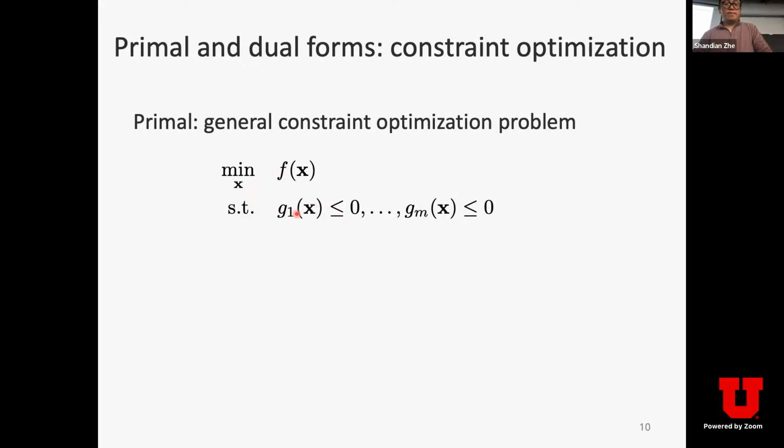Those constraints are represented by inequalities: g1(x) less than or equal to 0, g2(x) less than or equal to 0, until gm(x) less than or equal to 0. Here we do not assume f and g1 to gm are convex. It doesn't matter; we can just assume f and g are arbitrary functions.